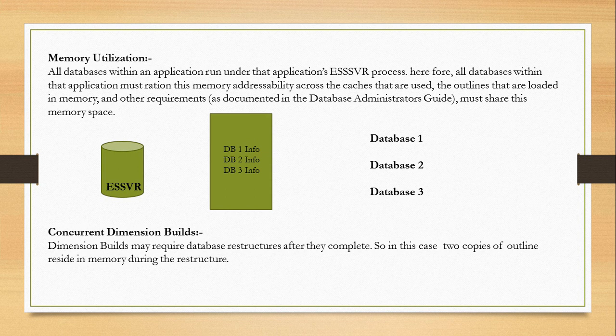The same caches are used for the SVR process of the application, which can cause a slowdown in performance and slow down the response time of the application if we have multiple databases in a single application.